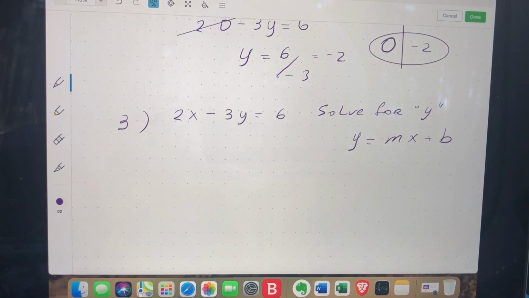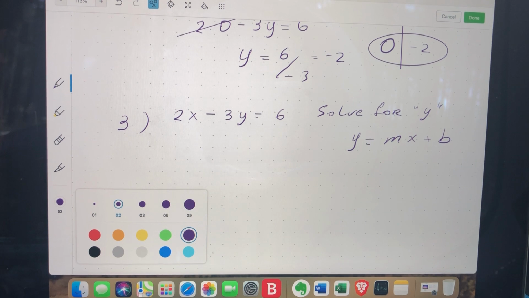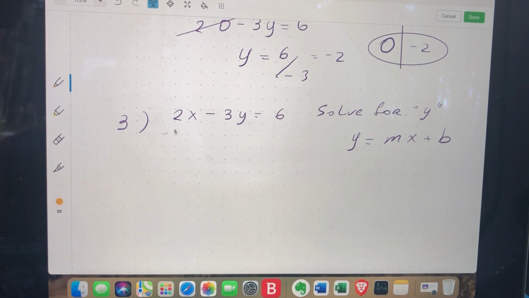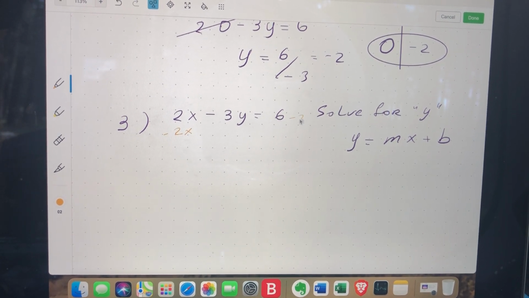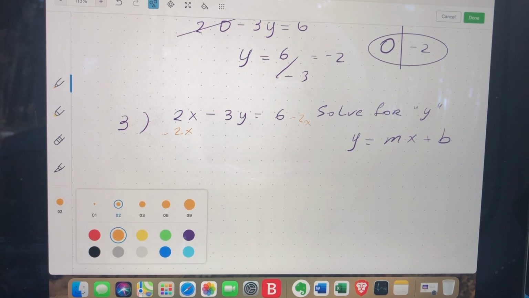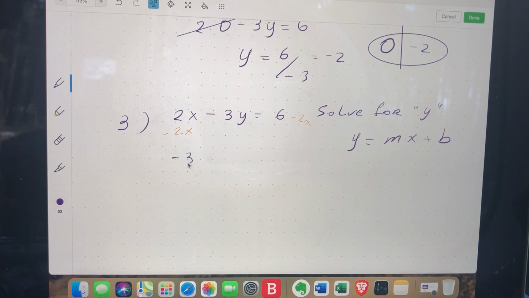So to get y by itself, x has to be on the different side. Let's subtract the 2x from both sides. That makes -3y equals 6 minus 2x. Now I don't multiply by -3. We divide by -3 each term.